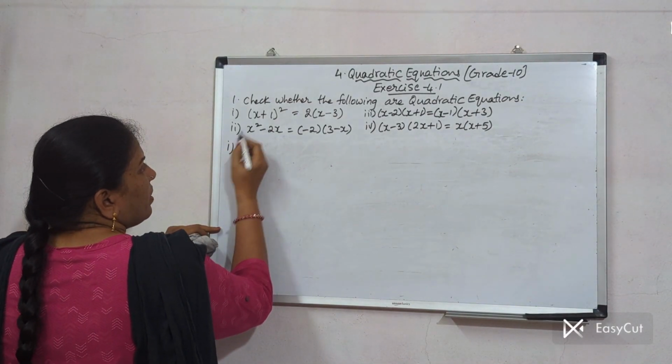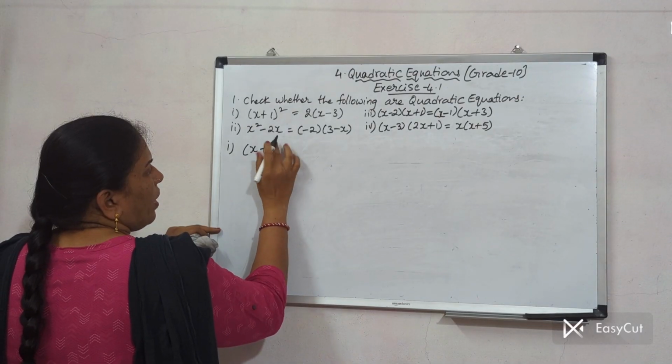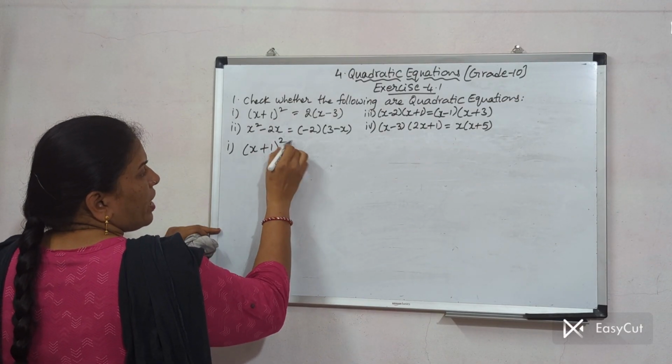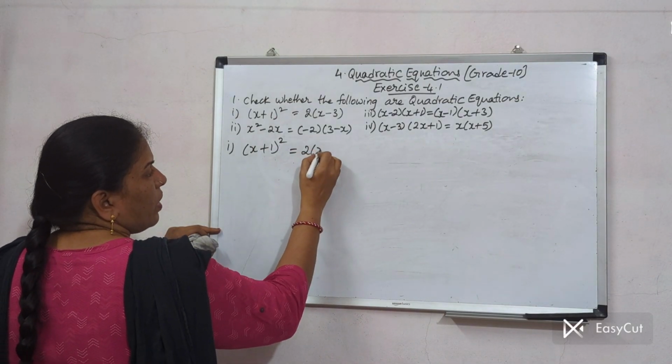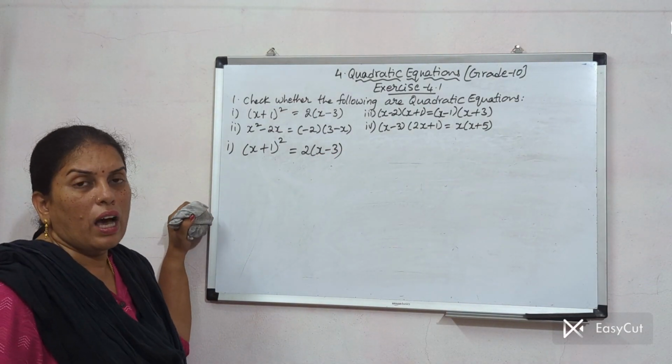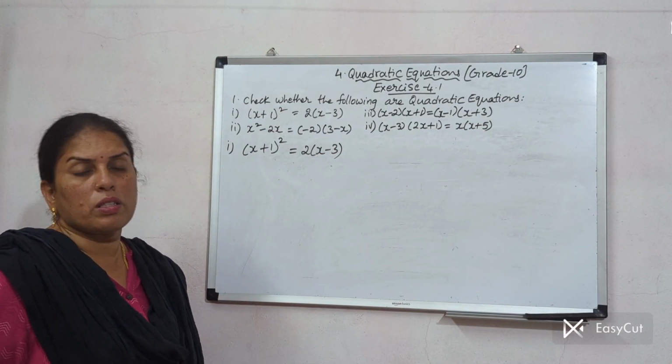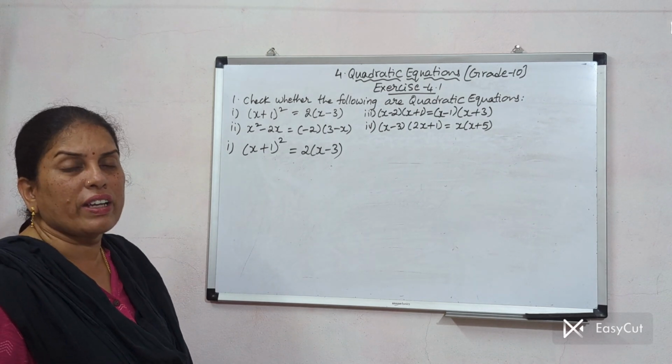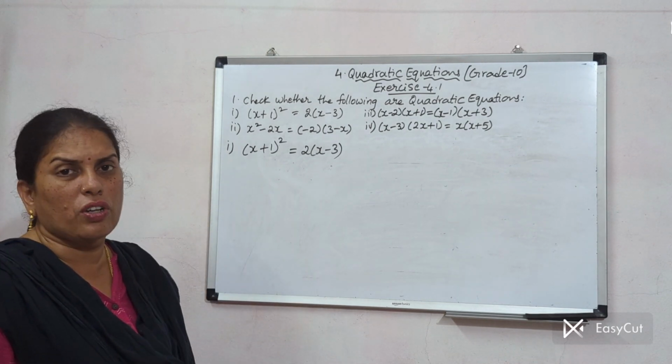Okay, first one, x plus 1 whole square is equal to 2 into x minus 3. Now wherever possible we need to simplify. At last we can find whether this is a quadratic equation or not.